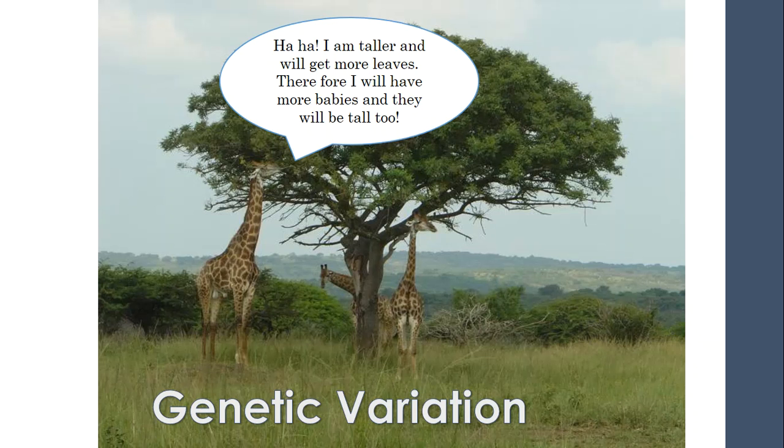The ones with longer necks, more food, more babies. So this giraffe right here, haha, I am taller and will get more leaves, and therefore I will have more babies, and they will be tall too, right? So there's natural genetic variation that occurs within any population, and sometimes that genetic variation gives you a leg up on other people in that population. You're going to pass on more of your genes.